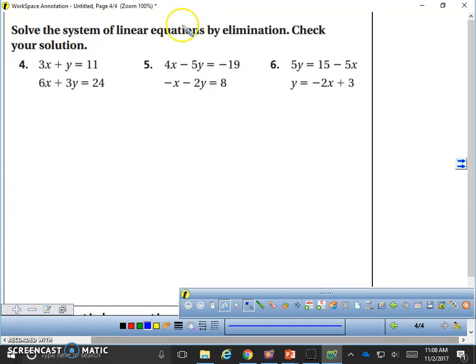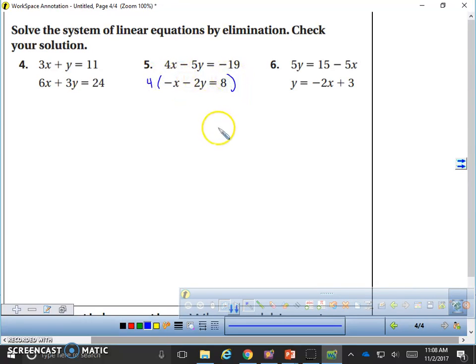All right, number 5. We won't be able to eliminate the x's. We won't be able to eliminate the y's because they don't have the same number in the beginning. So let's change one of them so it says the same thing. I think the easiest thing to do is to change this x right here to say 4. So we're going to multiply everything by 4.